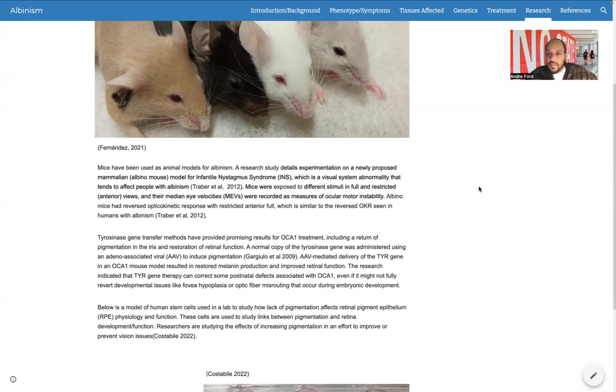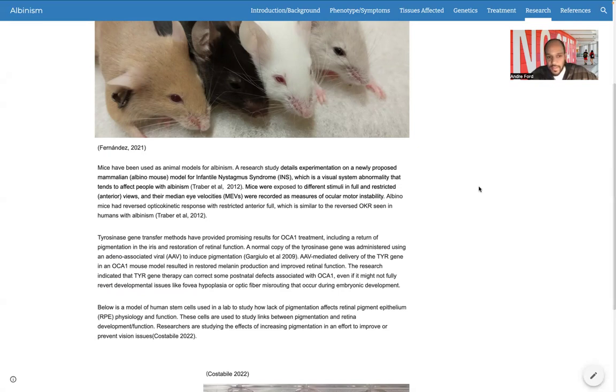And last but not least, you should be able to describe how gene mutations contribute to albinism expression, which are the R402Q mutation in OCA1, or the mutation that deletes the P gene in OCA2.